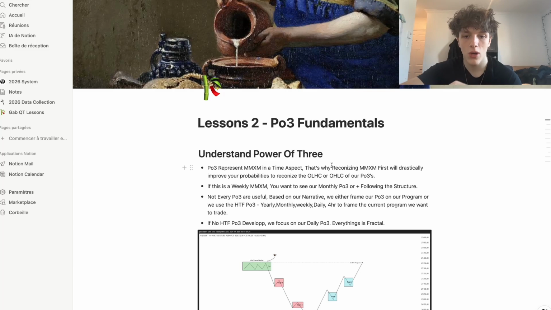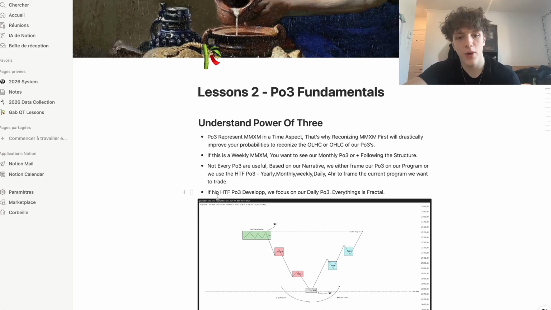So let's say we are in a buy program and we see a bearish Power of 3, it will be lower probability. Sometimes the market maker model will be a Power of 3, so you will in some way utilize the Power of 3s as your idea for your narrative and the market maker model, so the structure, to confirm it. If no higher time frame Power of 3s develop, we focus on our daily Power of 3s. Everything is fractal. Pretty simple.